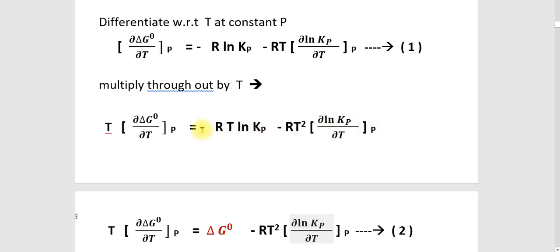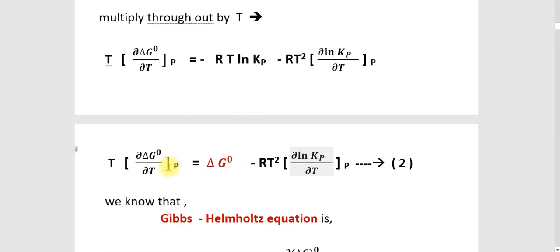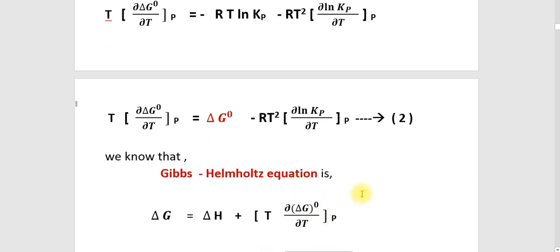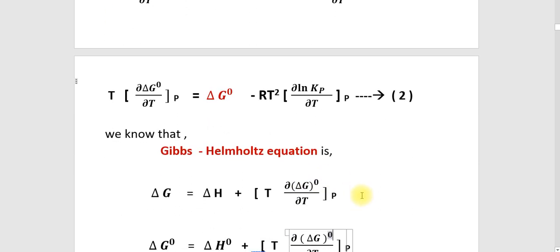Here we will substitute delta G0 that is given here. T dou delta G0 by dou T at constant P is equal to delta G0 minus RT square into dou ln Kp by dou T at constant pressure, and it is given as equation number 2. We know the Gibbs-Helmholtz equation, a very well known equation in thermodynamics: delta G is equal to delta H plus T dou delta G0 by dou T at constant pressure.